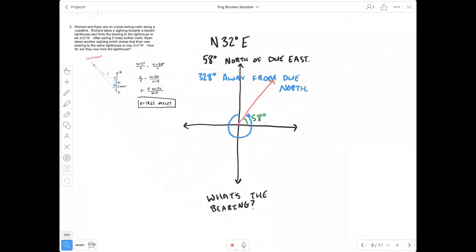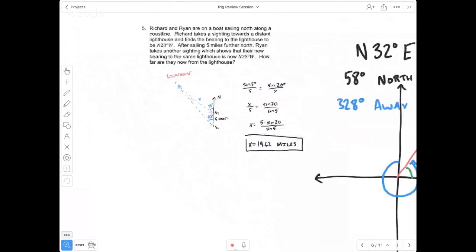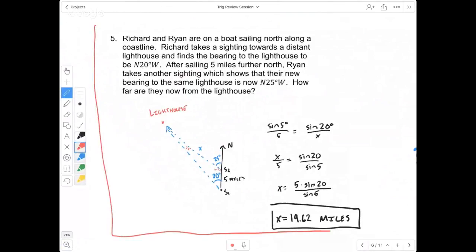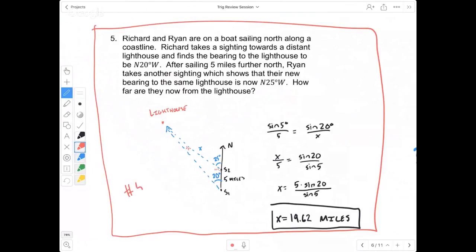But going back. So I tried to say this multiple times, Maritza. This here was the answer to number 5. This is number 5. I had bearings of 20 and 25 and 5 and sine of 5 and sine of 20, and that got me 19.62.